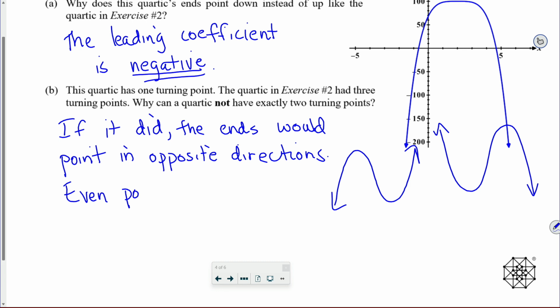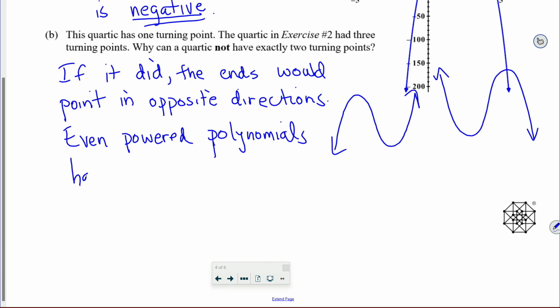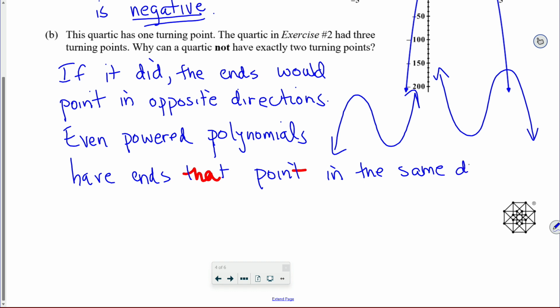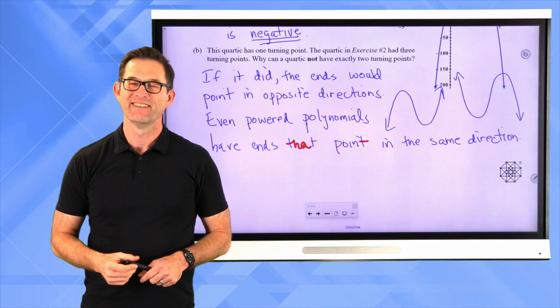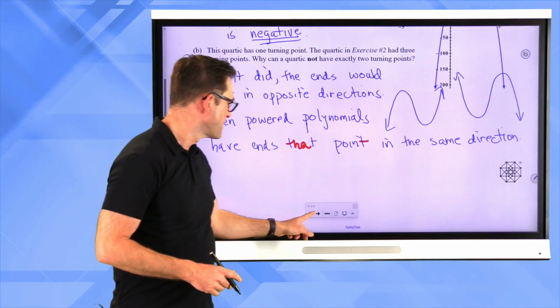Even powered polynomials have ends that point in the same direction. Rogue board. It's going rogue on me. All right. Kind of great, right?